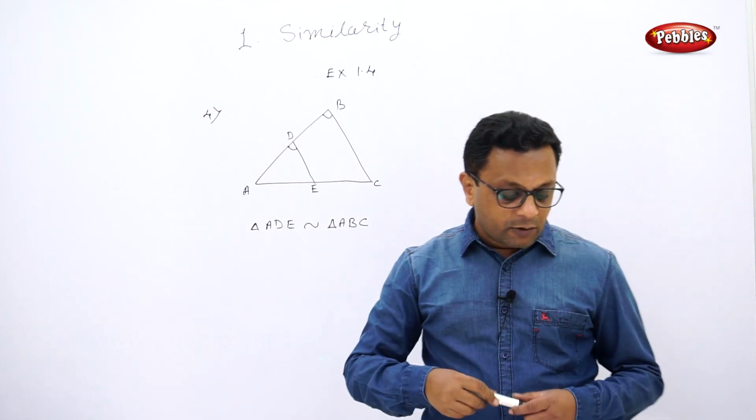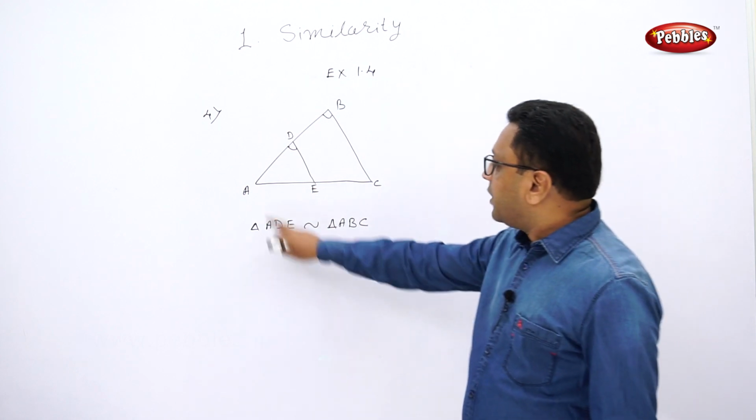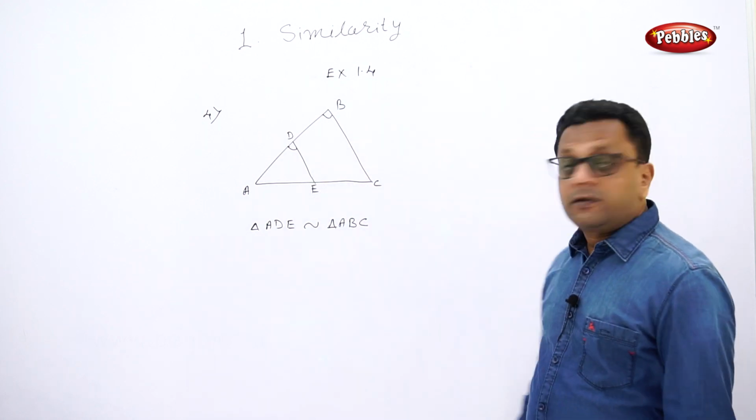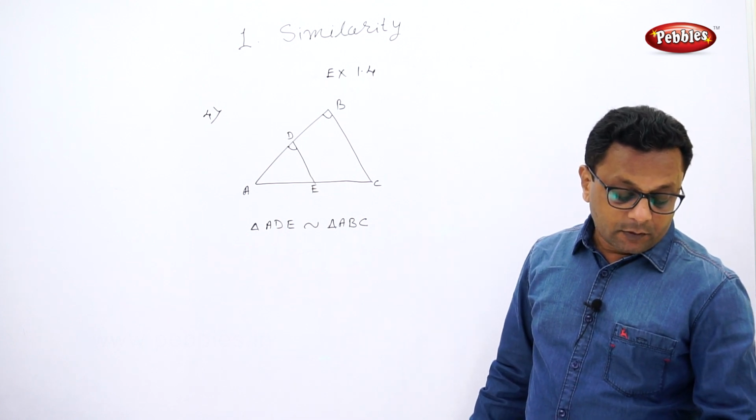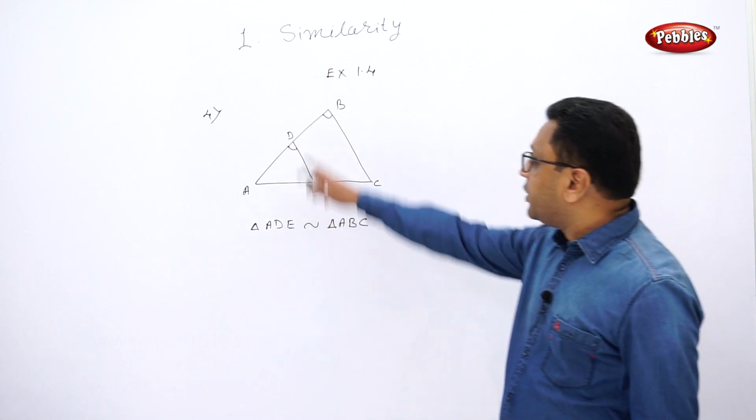Okay, so now when ADE and ABC are similar triangles, DE and BC are given.